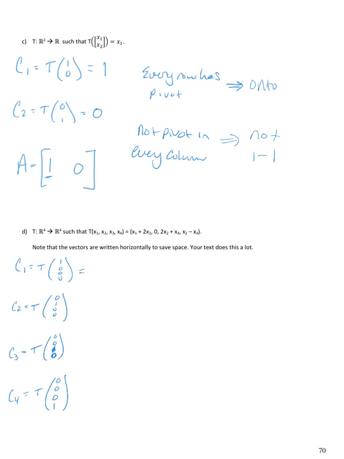Okay, so T of (1, 0, 0, 0). Just going to plug into these formulas. So x1 plus 2x2, that's 1, 0. 2x2 plus x4 is 0, and x2 minus x4 is 0. Then for (0, 1, 0, 0), that's going to give me (2, 0, 1, 1).